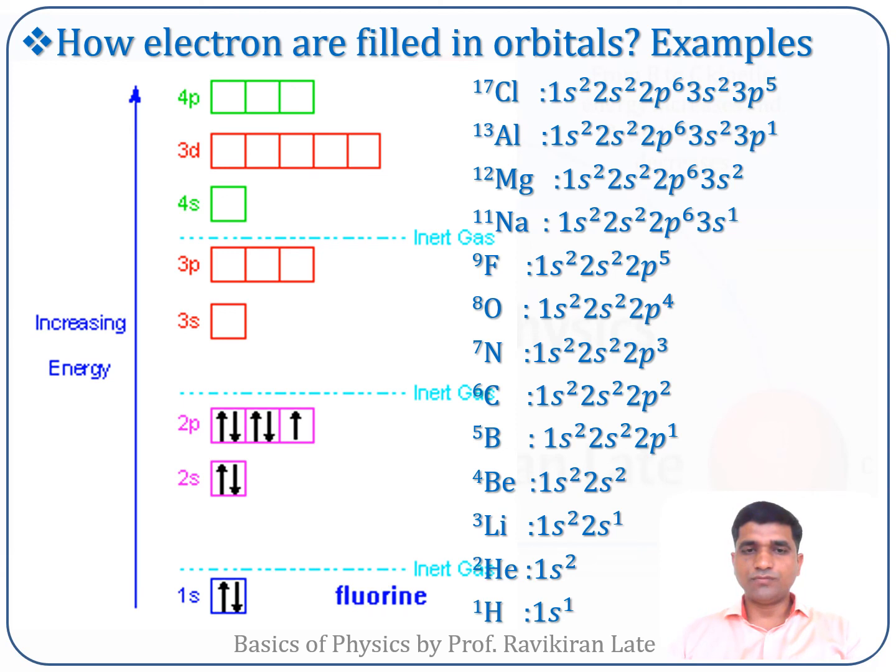You can see this with the help of this animation. For sodium, the 3s electron will be in the 3s orbital, for silicon with atomic number 14, phosphorus, and so on. This is an animation which you can see here.